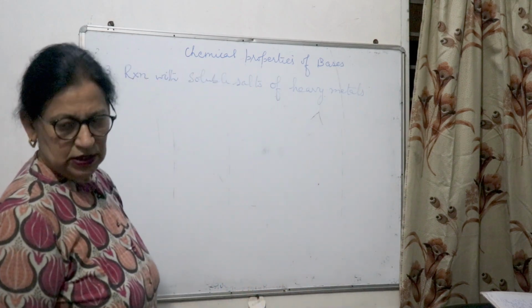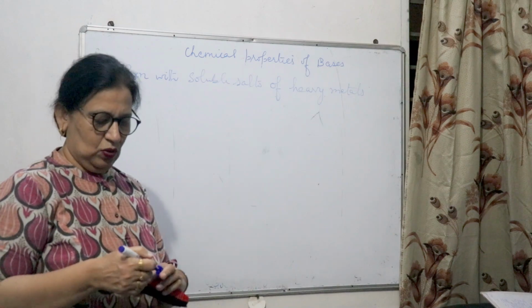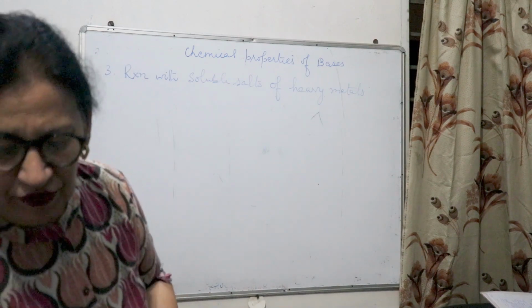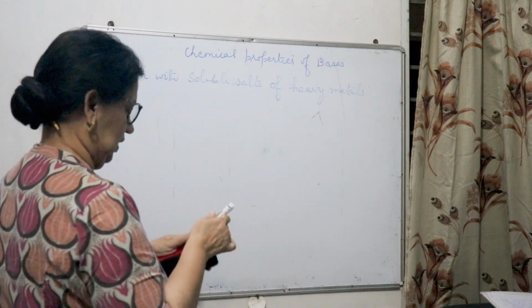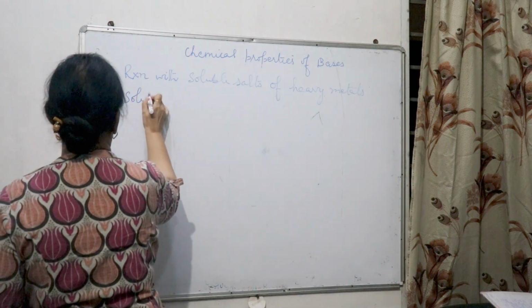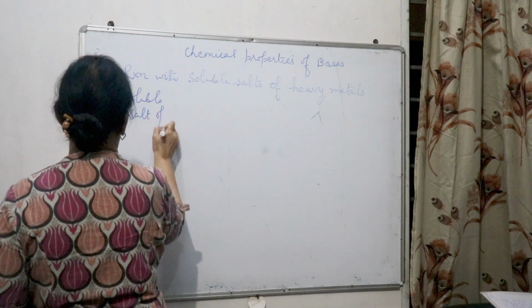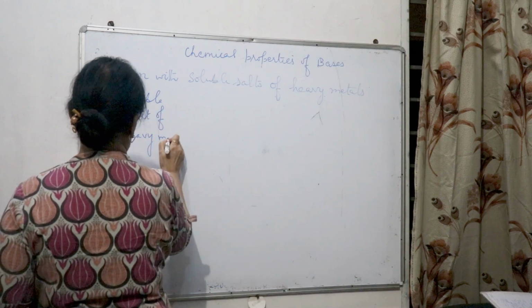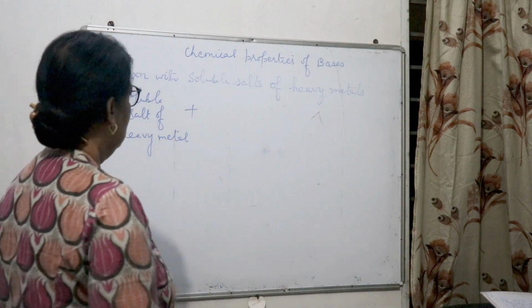Reaction with soluble salts of heavy metals. So, soluble salts of heavy metals like soluble salt of heavy metal plus alkali.